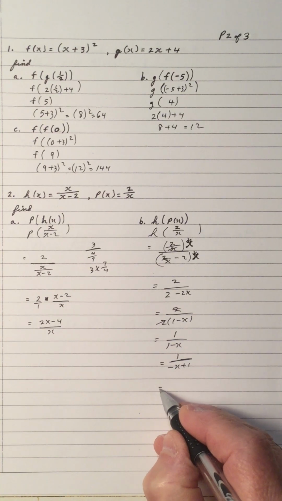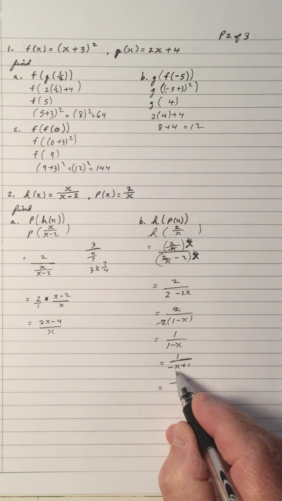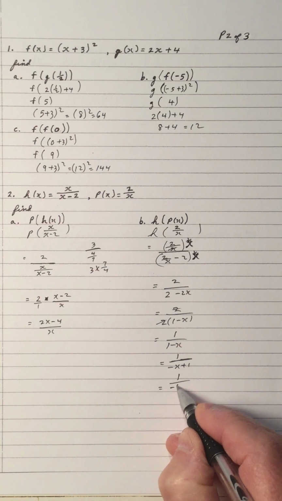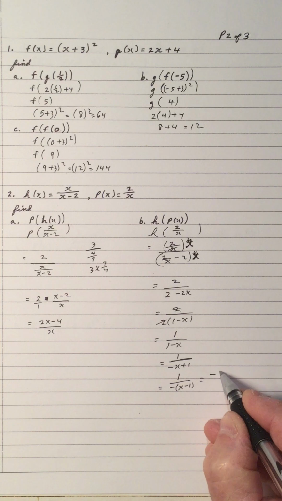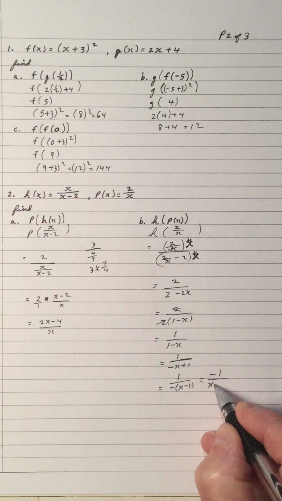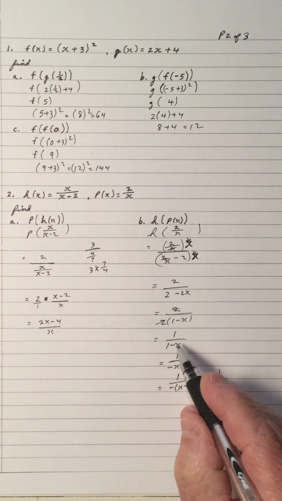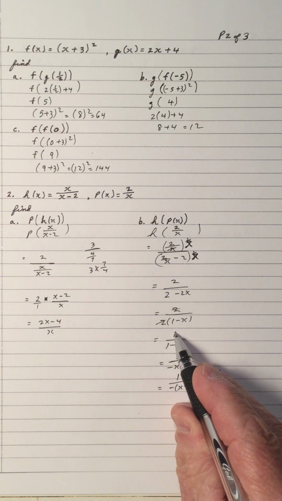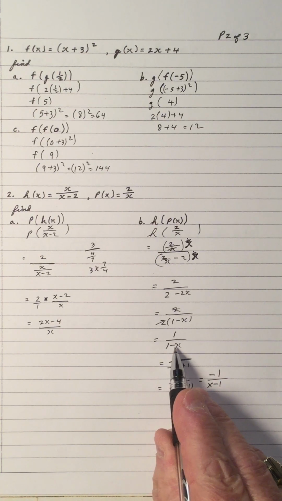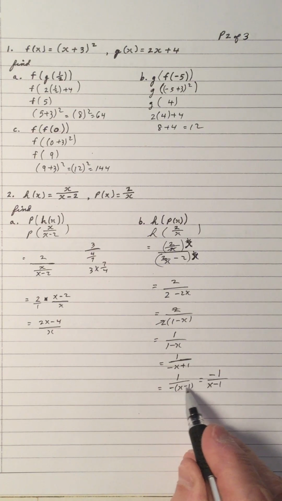And if we want to, just keep going, math just keeps going. We can take the negative out, make it x minus 1, and that could become negative 1 over x minus 1. So it could be this, or it could be this. Notice the negative switched around here and made the numerator negative. See how I changed it, took my time.